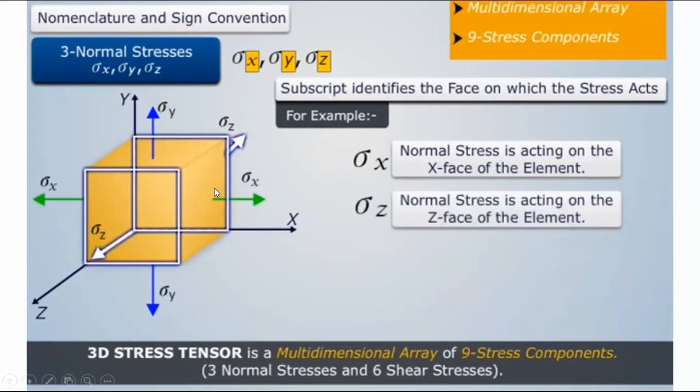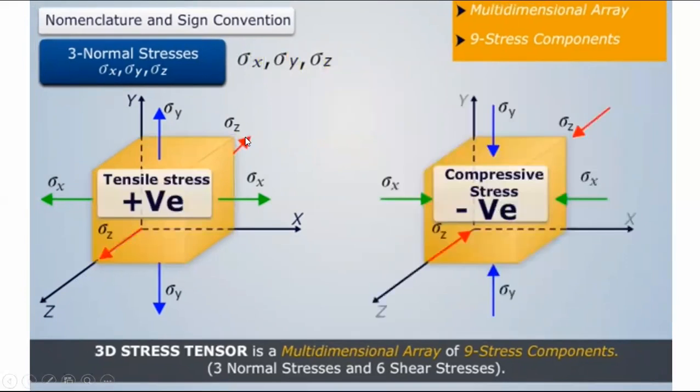Similarly, the normal stress acting on the z face of the element will be represented as sigma z. Here you can see sigma z, and on this face, the darkened face perpendicular to this will be sigma z.